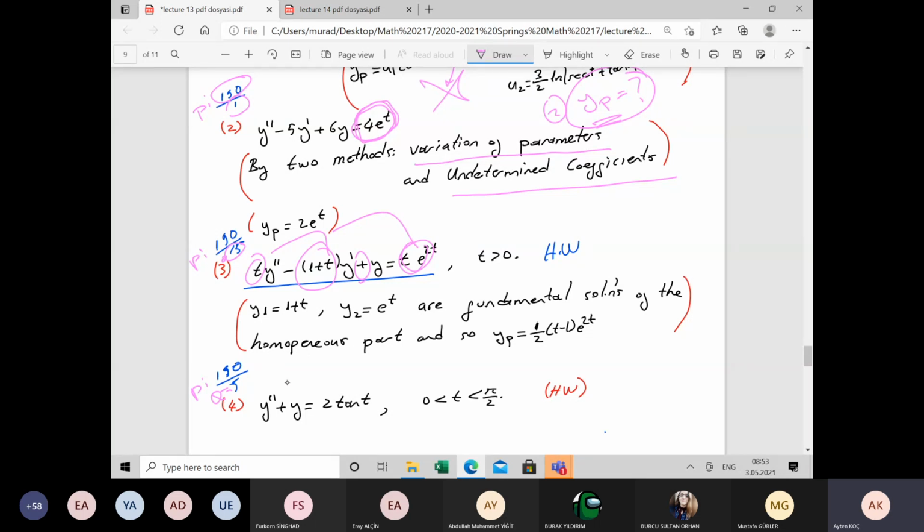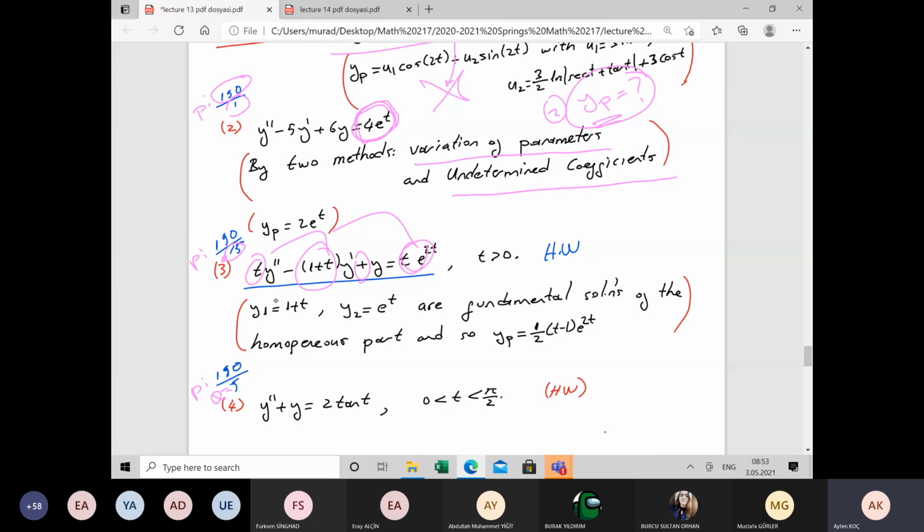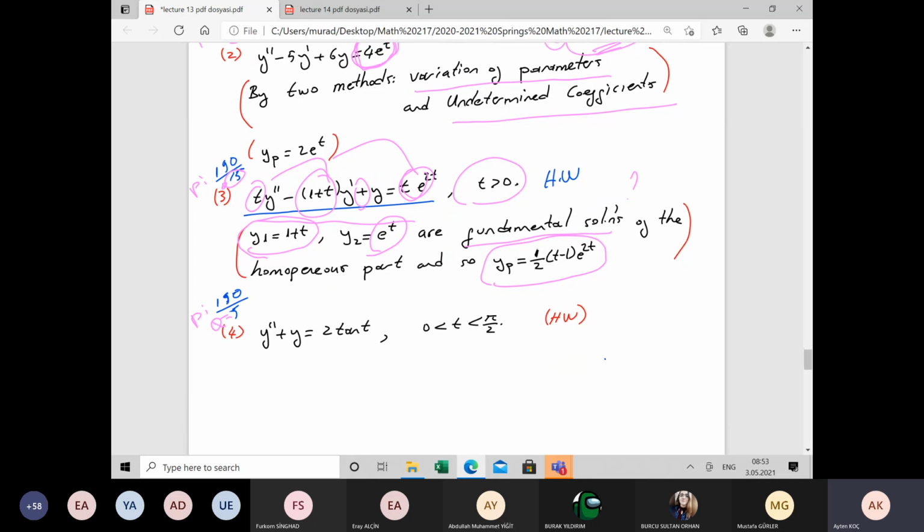But here, the question: take the given equation for t greater than 0, we claim that this one and this one are fundamental solutions, and also this one is a particular solution. It's okay. The second one, solve these second order differential equations, standard form, constant coefficients, right hand side non-zero, so non-homogeneous equation.